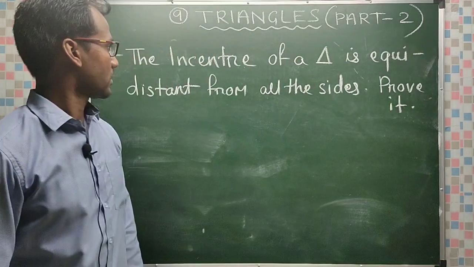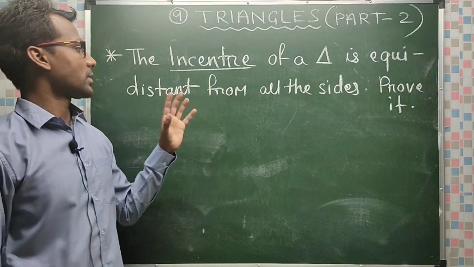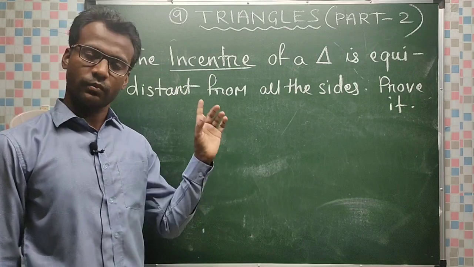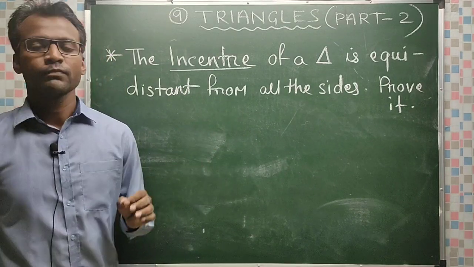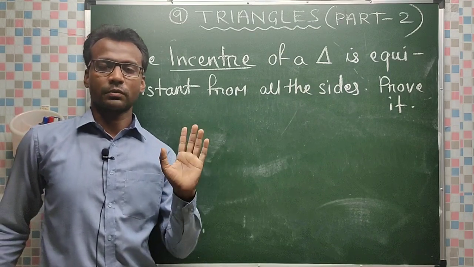Prove it. This is a property of every triangle. Remember this. The incenter of any type of triangle will always be equidistant from all the 3 sides of the triangle.